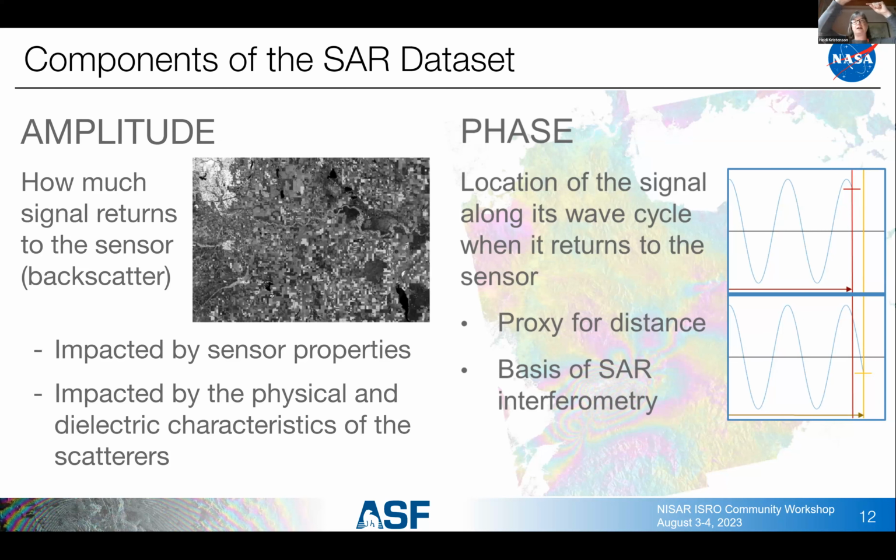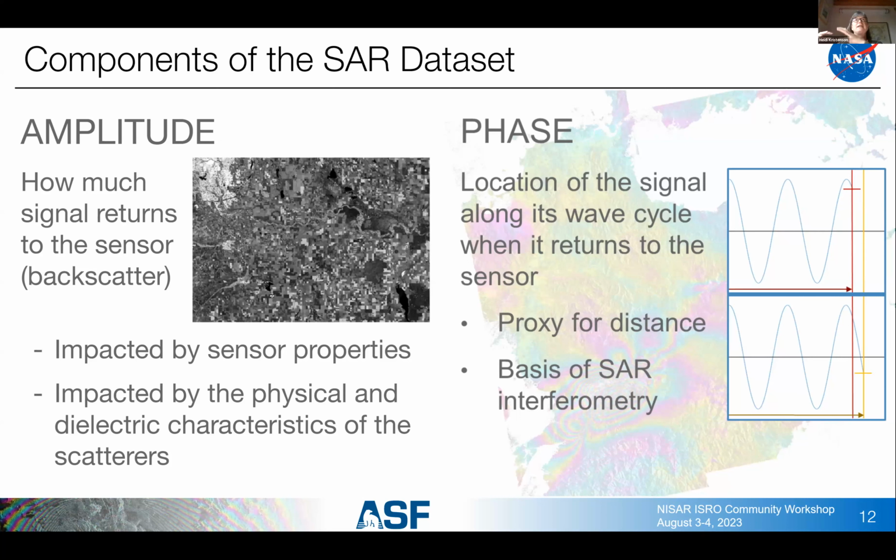If you were to complete another orbit and come back 12 days later and collect the same image from the same place in space, you would expect that if nothing has changed on the Earth's surface, the signal would travel down, it would interact in the same way and come back at the same place and return in the same place in its phase.